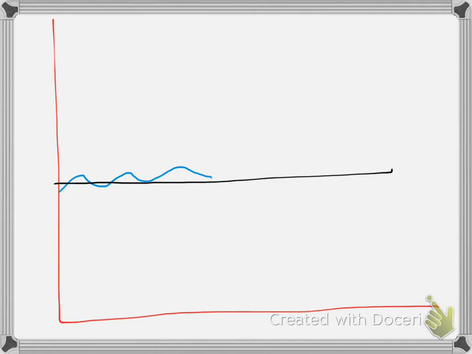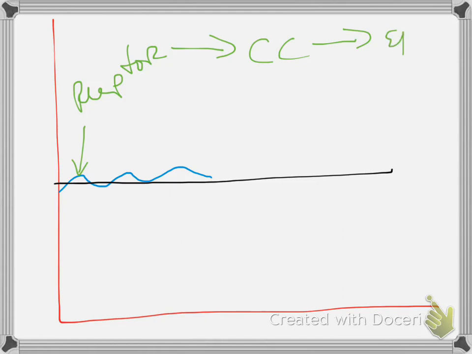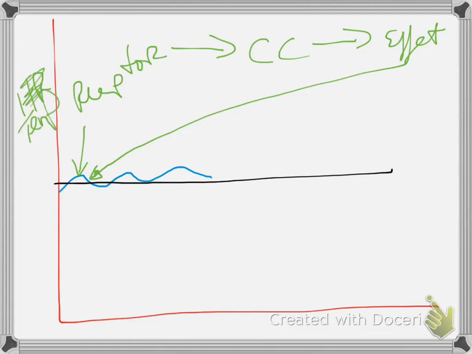so what we have is that when it gets above the set point, the receptor detects this change, sends a signal to the control center. The control center decides what to do, sends the signal to the effector. The effector then carries out the response, which then results in this particular case, if we're talking, let's say, heart rate. Now we use body temp, because that's what we've been talking about.